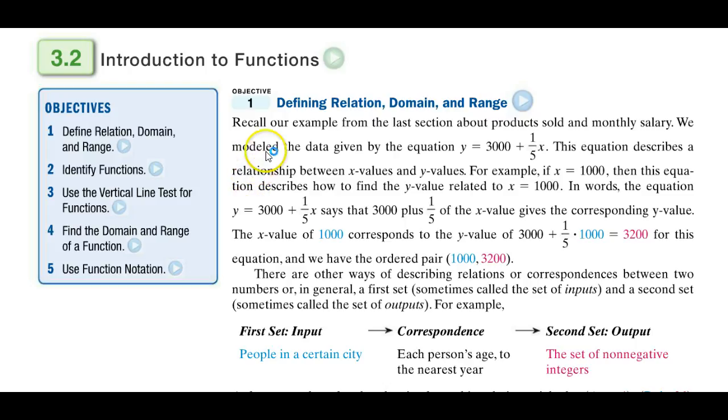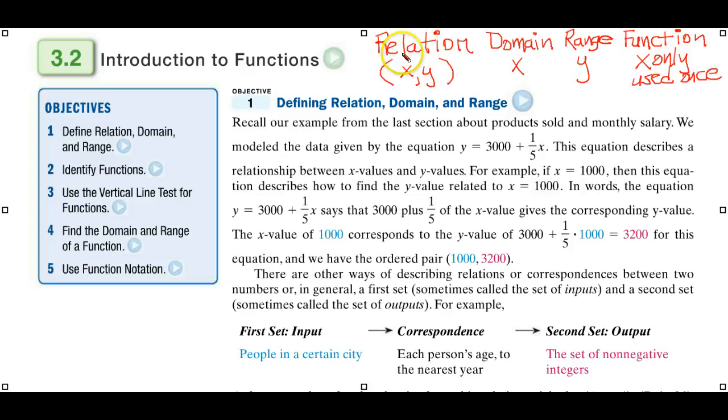So, as we move on, let's do some definitions. Here are the main four words we're going to be dealing with in this section: a relation, the domain, the range, and the definition of a function.